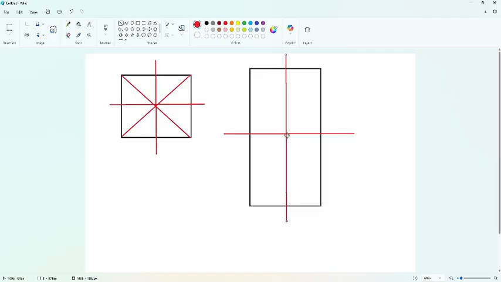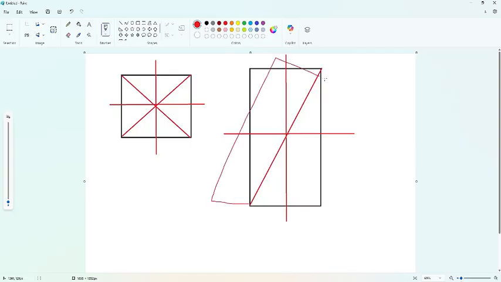There's no other way you can flip this. If you do it here, this is going to map onto over here somewhere, which is not good. And so there would only be two lines of symmetry, and the square has four lines of symmetry.